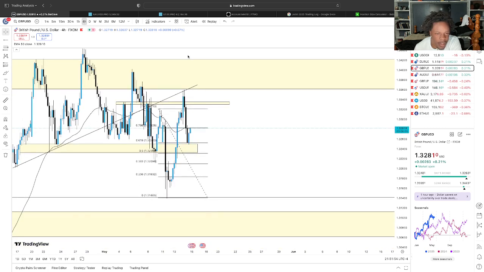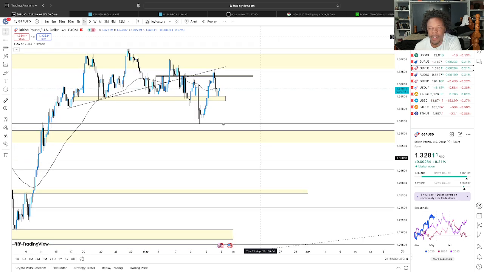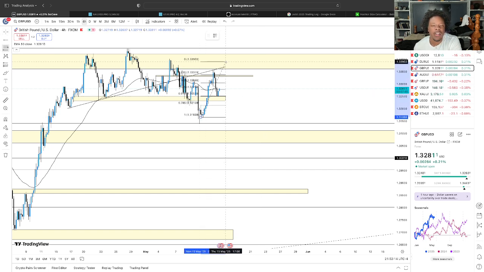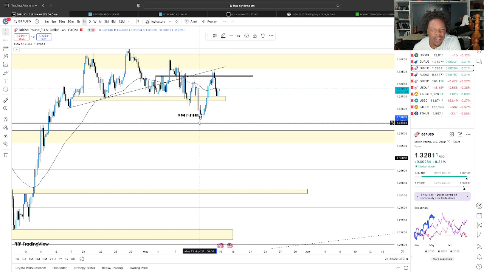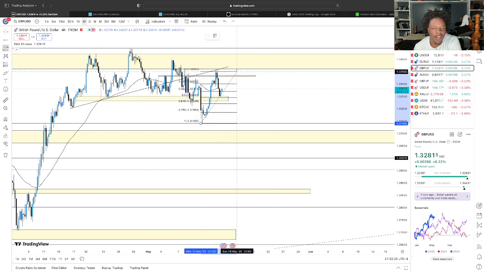So if we go to the 4-hour time frame, price action has found support right around this area here of 1.315, and essentially has created a Fibonacci of 50% and has continued to go bullish.